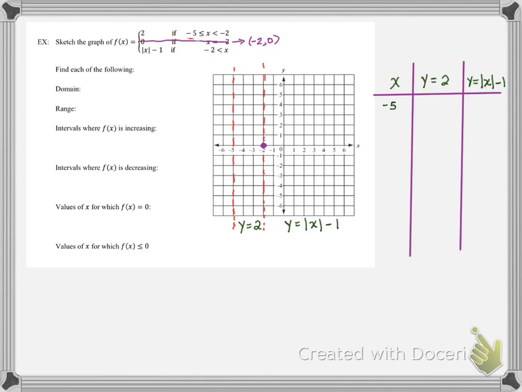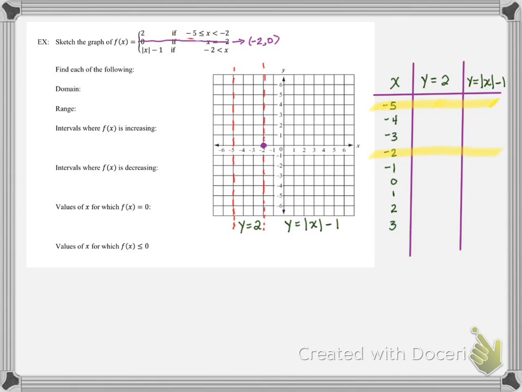So -5, -4, -3, -2, -1, 0, 1, 2, 3. That should be enough. If you find that you don't have enough points, then you just add to your list. But we'll talk a minute about how to tell if you have enough points or not when we get to the one that's not linear. So my boundaries, again, are at -5 and -2.